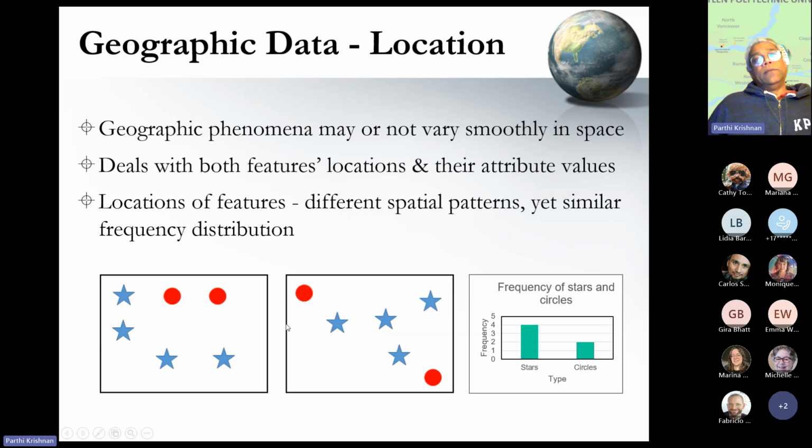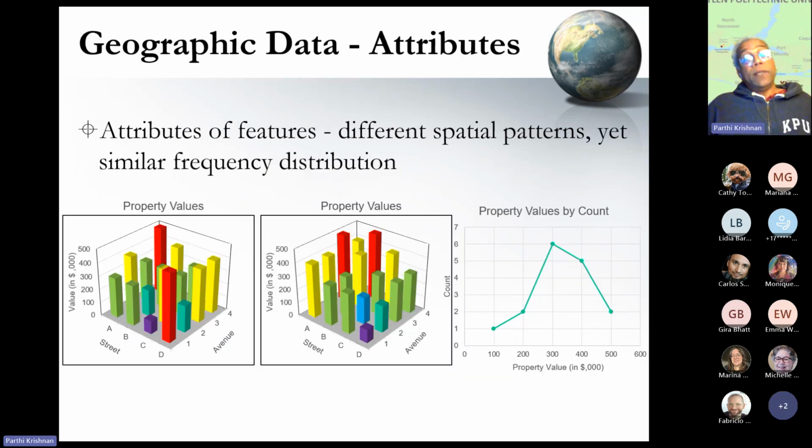In the other adjacent figure, you can see how the circles are at two corners while the stars are spread out in the middle. And yet, despite this different visual distribution, the frequency of the stars and the circles is the same. So this is an example of how the location of features can be different, yet their frequency distribution can be the same.